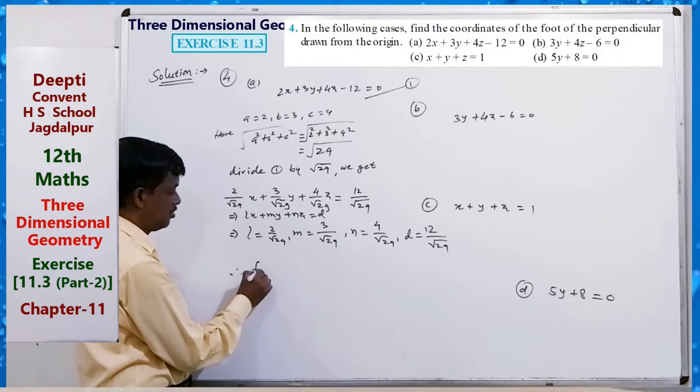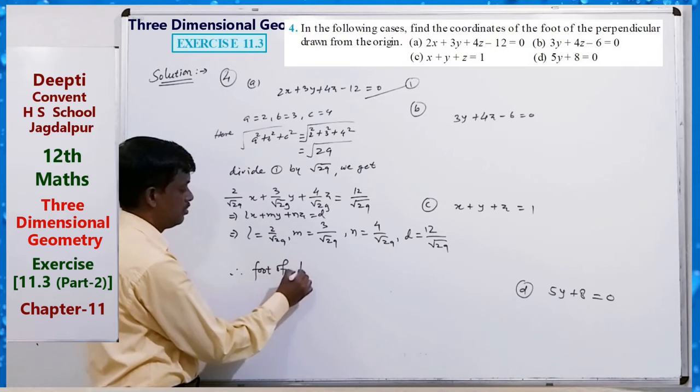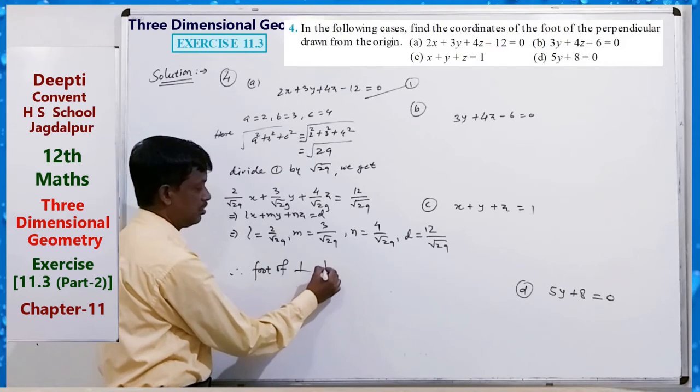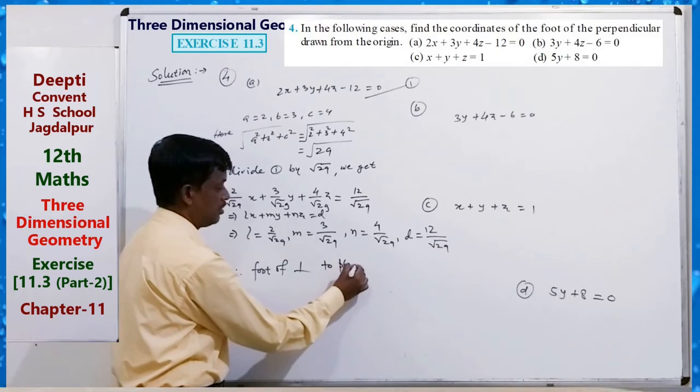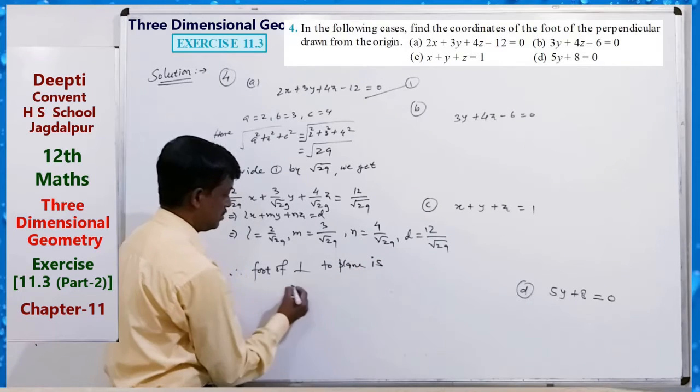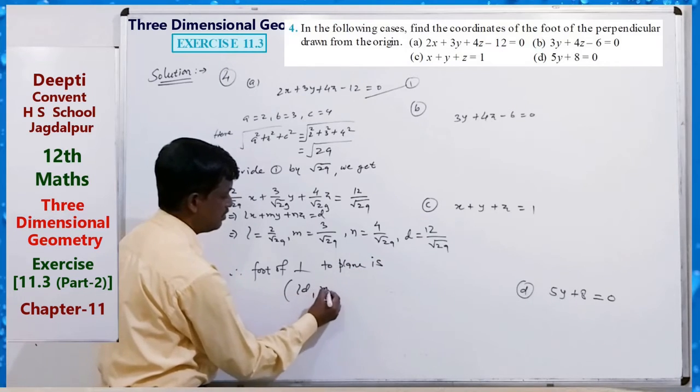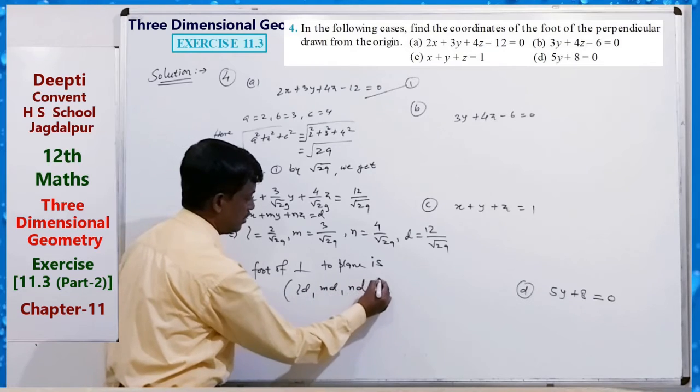Therefore, the foot of the perpendicular to the plane is LD, MD, ND.